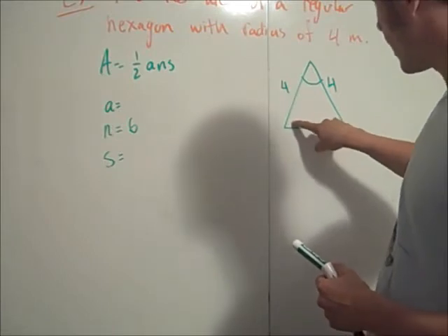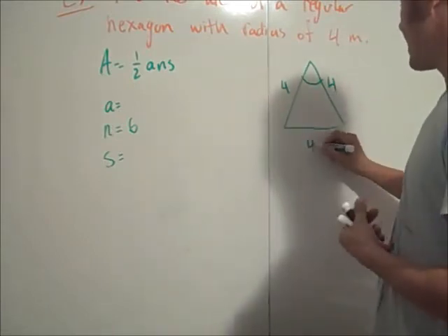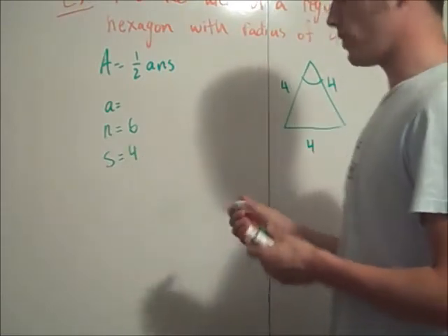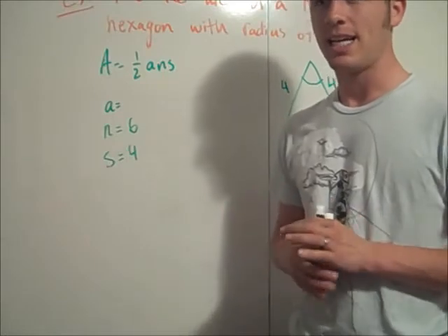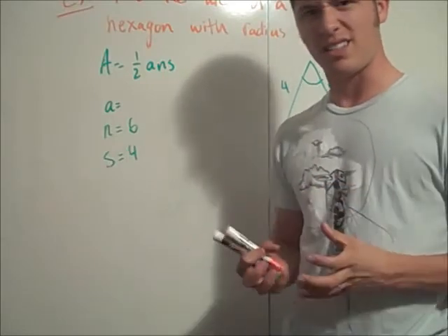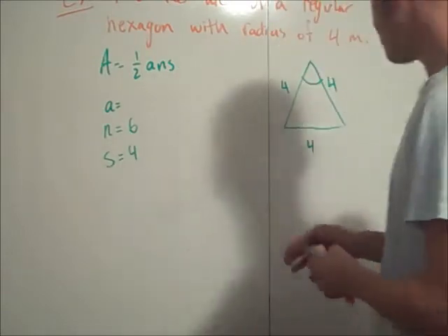And so those two angles are both 60 as well. This is an equilateral triangle. So we can say that the side length is 4. That's the nice thing about hexagons: a hexagon is really broken into 6 equilateral triangles, which is nice.